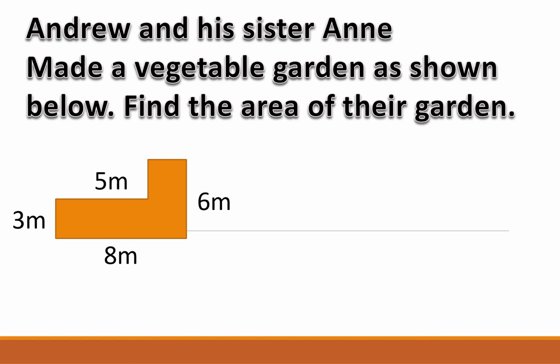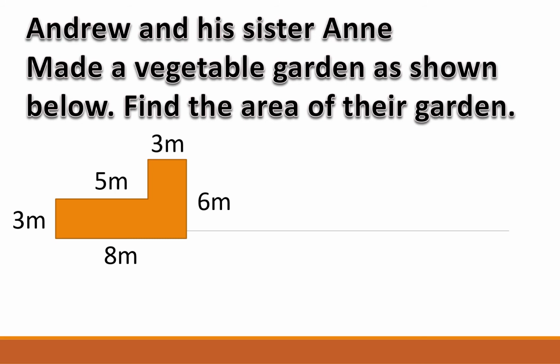As you notice, class, the whole width here is equal to 6 meter. Since the smaller is 3 meter, it is divided by 2. So meaning the other side here is also equal to 3 meters.